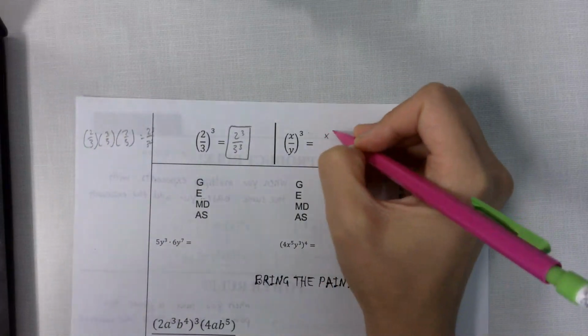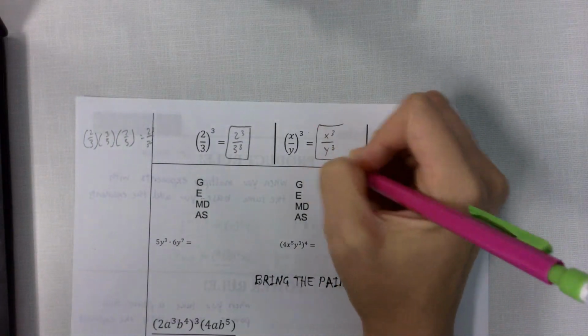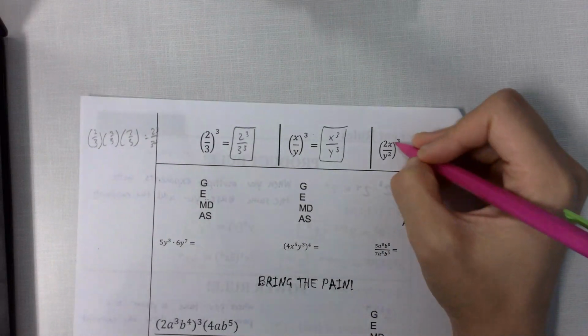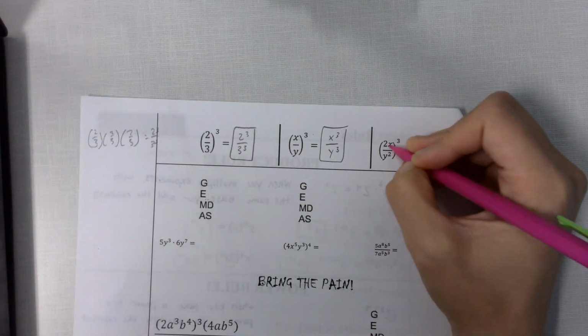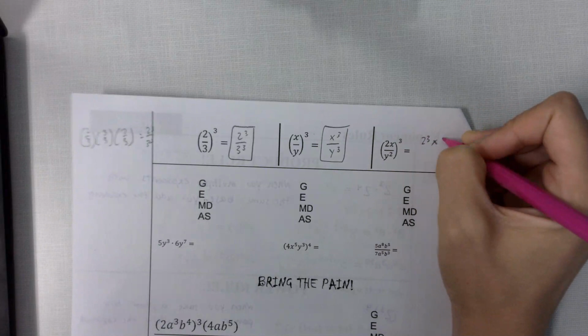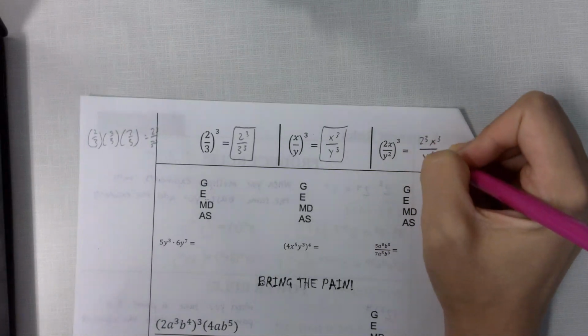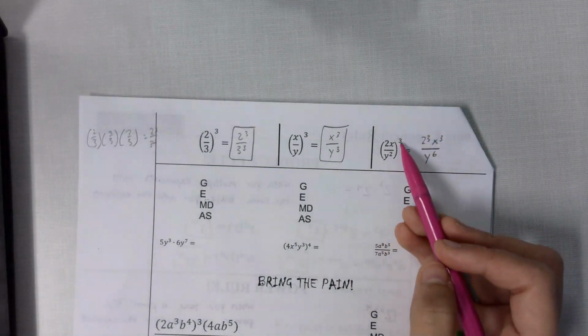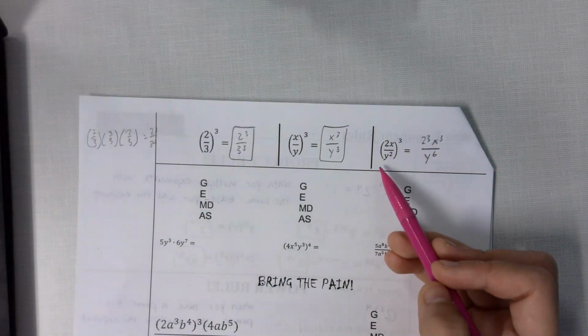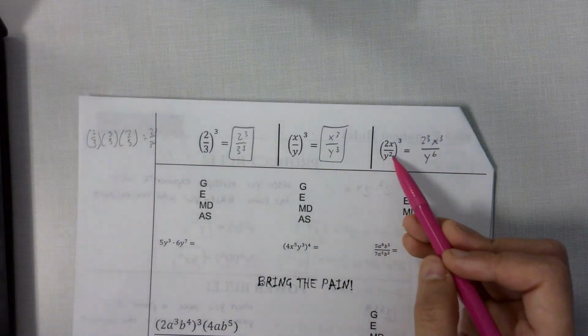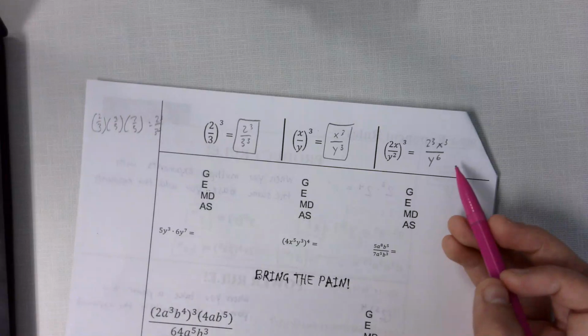Here we have x to the third over y to the third. And then here, remember we have the whole thing, so we have 2 to the third, x to the third over y to the 6th, right? So we applied the cube to the top and the bottom, and then we did our power of a power rule right here.